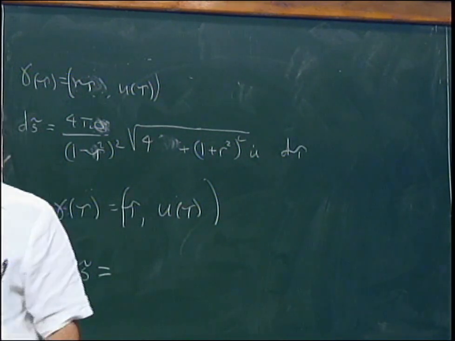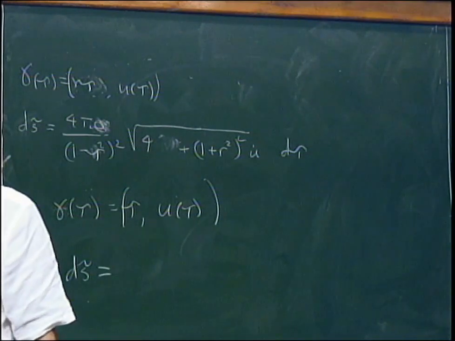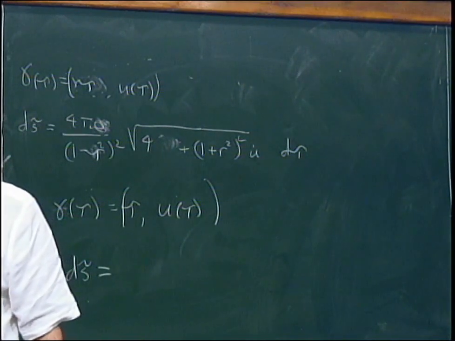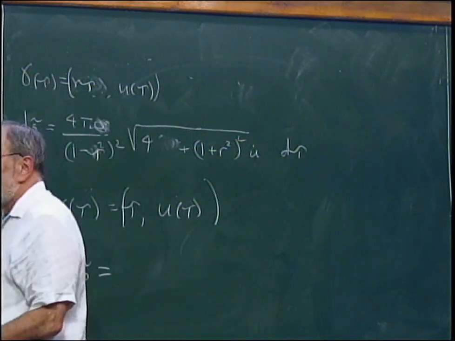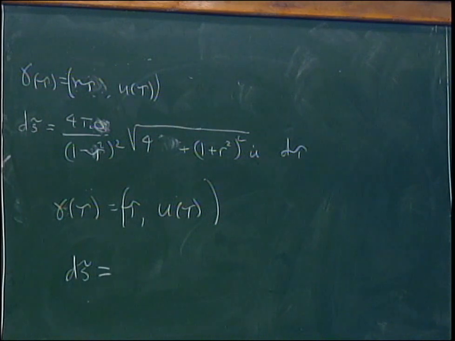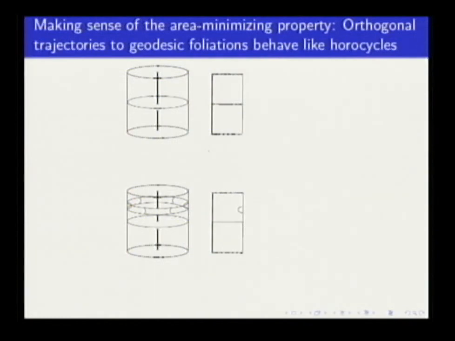So my problem of finding minimal annuli in this space reduces to the problem of analyzing geodesics in this metric. I have the metric completely written out. I'm not going to write it out. It's complicated. Let me tell you about the metric. So this is the picture I want. Instead of analyzing surfaces of rotation, I'm going to analyze curves here.